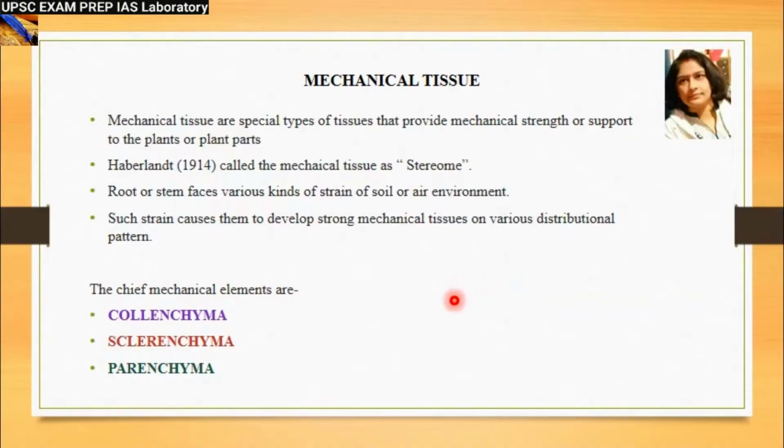That's why small land plants and water plants have poorly developed mechanical tissues, whereas longer land plants have well developed mechanical tissues. The chief mechanical elements are collenchyma, sclerenchyma and parenchyma. Today we will discuss the structure of collenchyma.